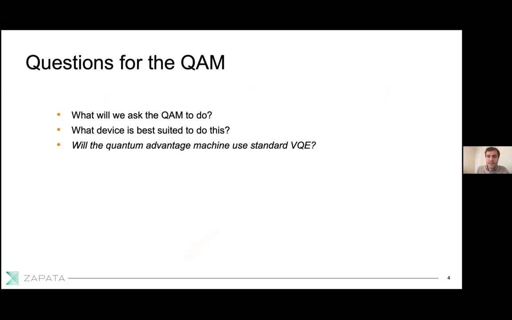What type of device is best suited to do that task? And more specifically, will this quantum advantage machine use this standard VQE, a cornerstone of these near-term quantum algorithms?